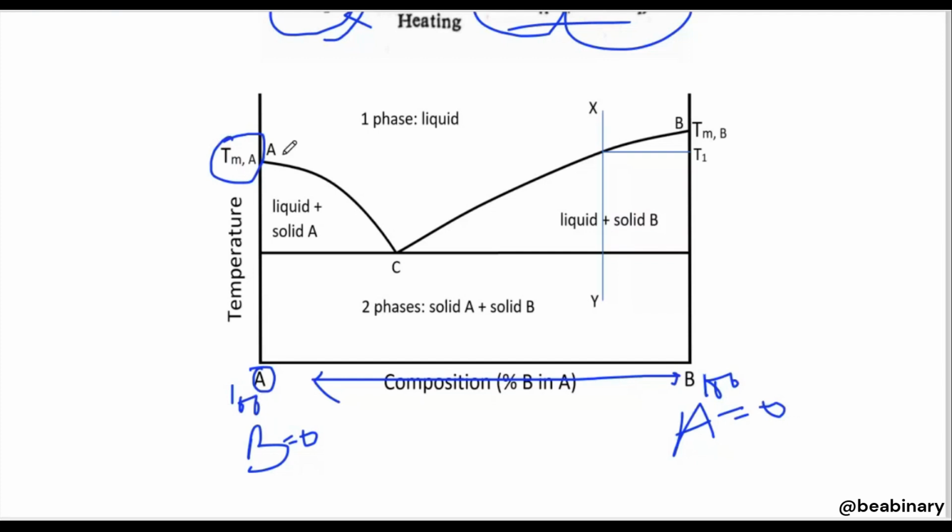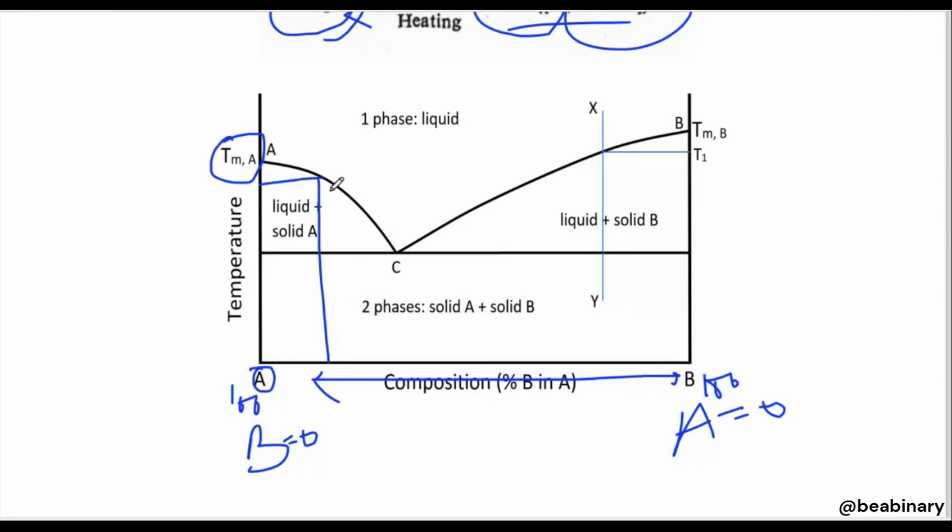As soon as you increase the temperature, you would have only one phase, which is known as the liquid phase. If you decrease and come here, at this particular temperature, you have this composition. At this position you are not getting a eutectic point, because you are not able to come into solid directly from liquid.